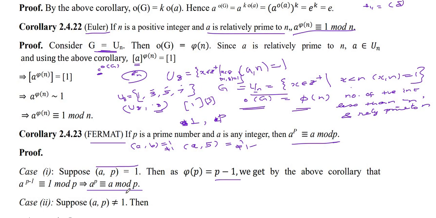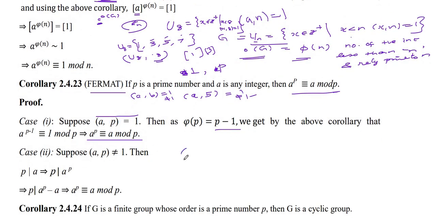Now suppose they are not relatively prime. Like in this case, 5 is a prime number that we consider, and say they are not relatively prime. Then what can we say about A? Can it be any number? It can only be a multiple of 5.